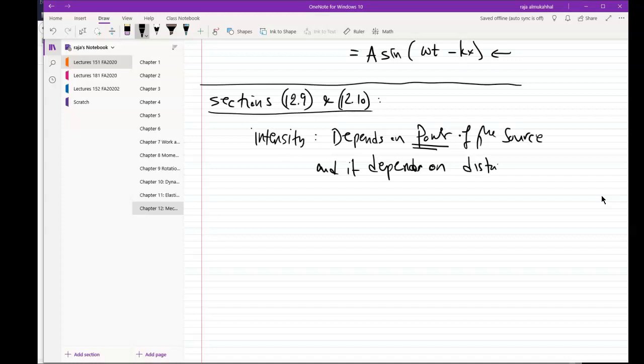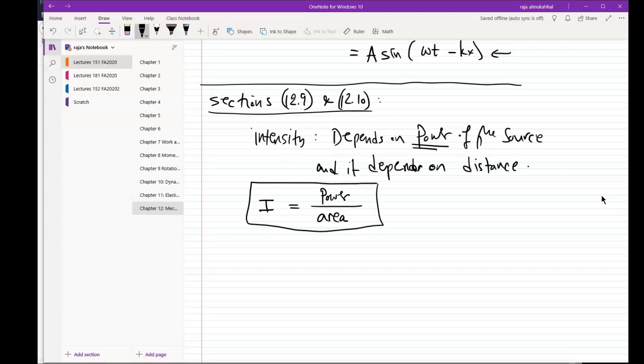Let's say that. And this intensity I, we have a symbol for it. I is equal to the power divided by the area. That's the mathematical definition, or this is how we calculate the intensity of a source.